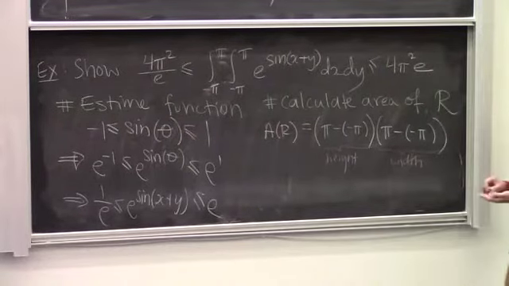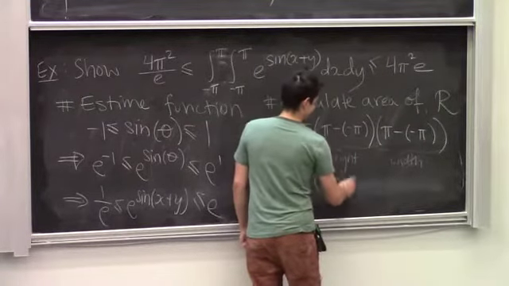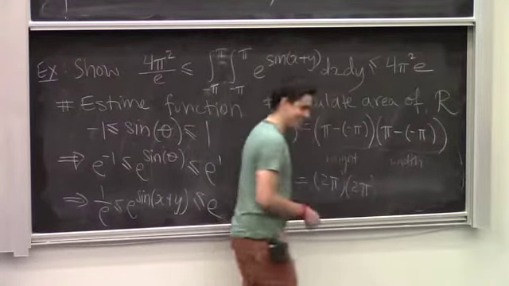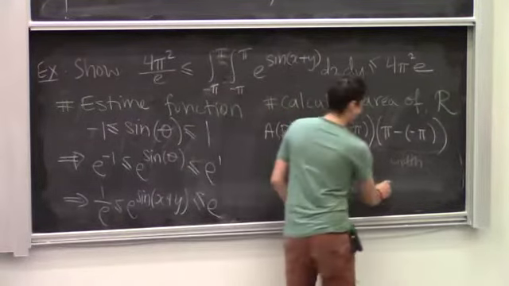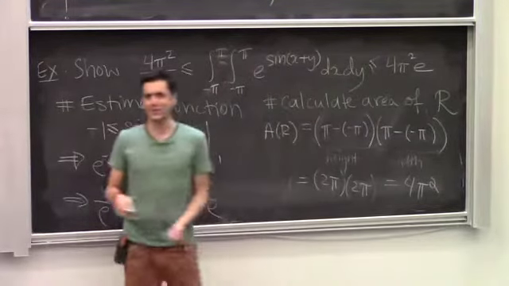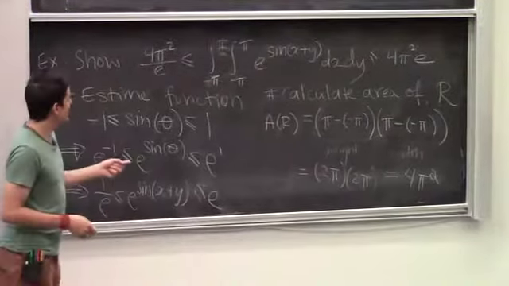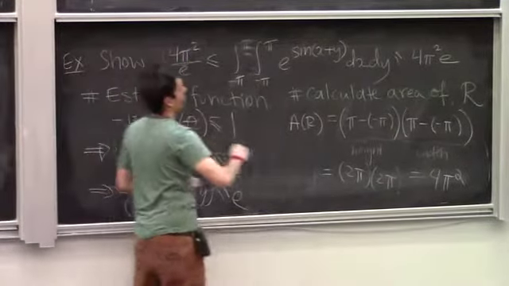Okay, and that gives us 2 pi times 2 pi. Very good, so we get 2 pi times 2 pi. And we get 4 pi squared. Okay, so that's where this number comes from, the 4 pi squared.